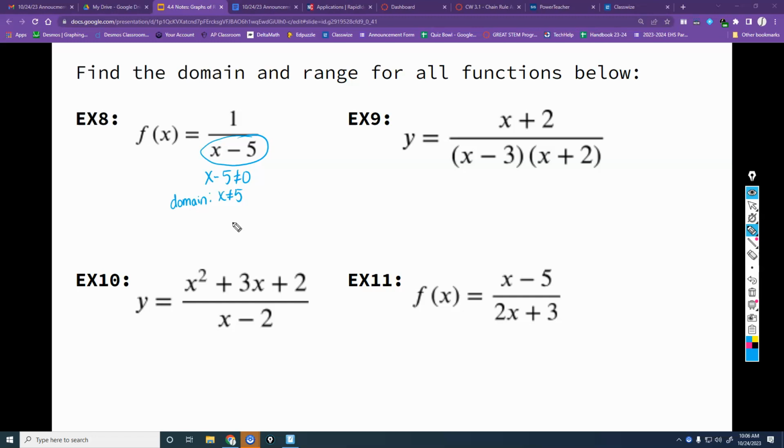Or it might say all values except x equals 5. Or it might be written like this, negative infinity to 5, and then 5 to infinity. So that includes everything but 5. There. You could see either one of those on multiple choice.